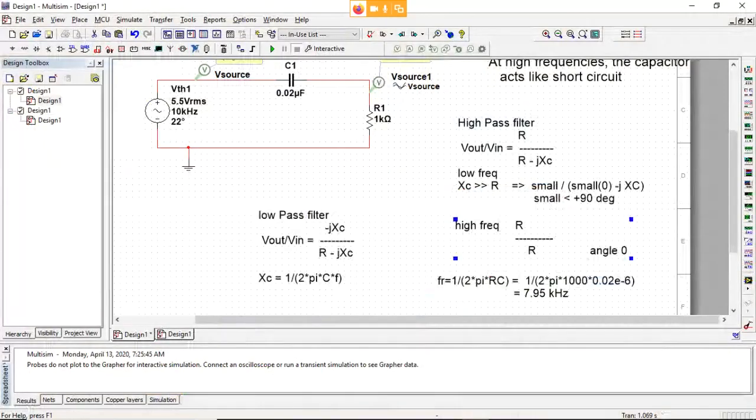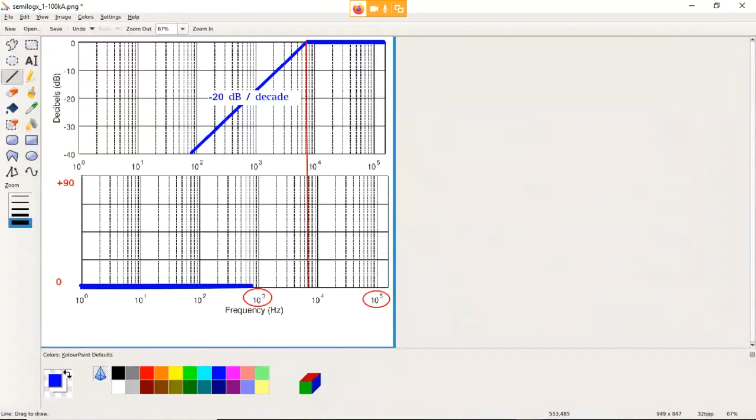Low frequency at an angle of plus 90. So it's plus 90 at low frequencies. And at high frequencies, which I don't have much of a plot here, way down here at high frequencies, it's there.